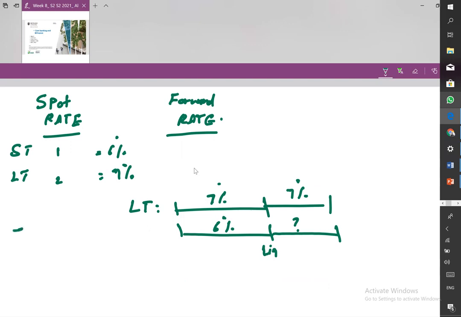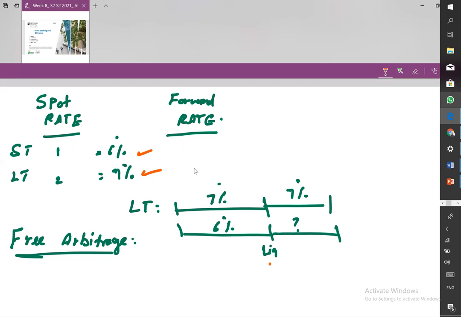If there is free arbitrage, which means no arbitraging, it doesn't make a difference whether you invest for 1 year and liquidate here, or you invest for 2 years. Those informed investors, the information is there, and nobody can make a profit.